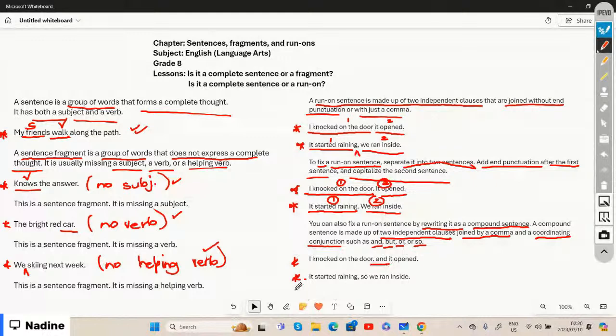There we use the word and to join the two independent clauses. The next one says, it started raining, comma, so we ran inside. There we use the coordinating conjunction so to join those two sentences.